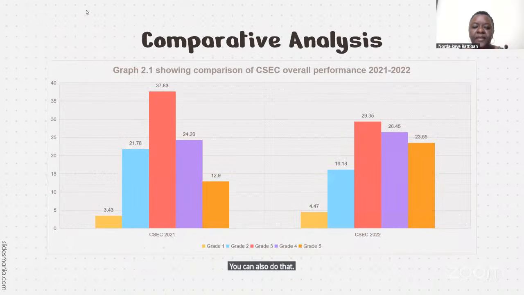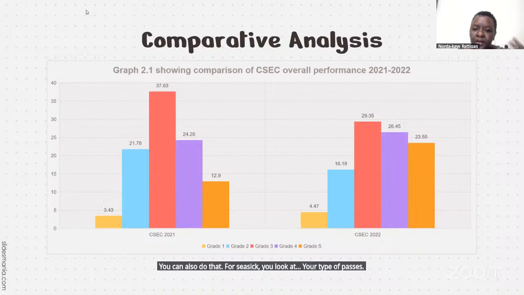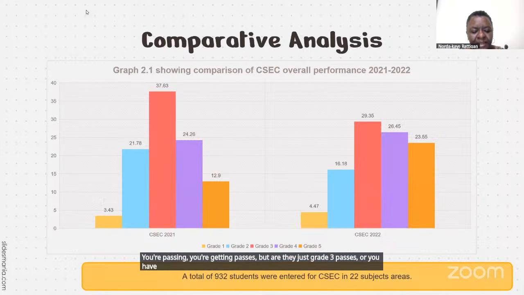For CSEC, you look at your type of passes. You're getting passes, but are they just grade 3 passes? Or do you have a caliber of passes?